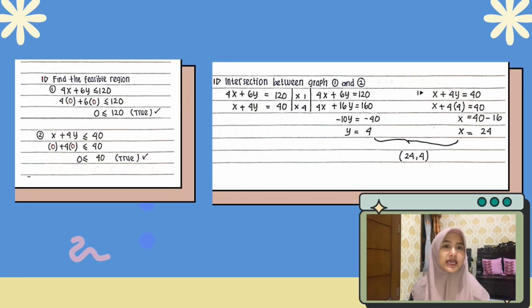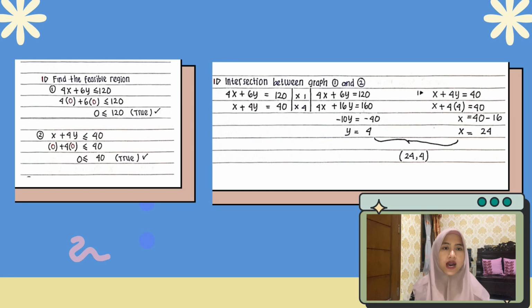The next step is to find the intersection point of these two lines algebraically. Use the elimination method. It begins by multiplying the second equation by 4, then subtracting it from the first equation, so that y equals 4 is obtained.